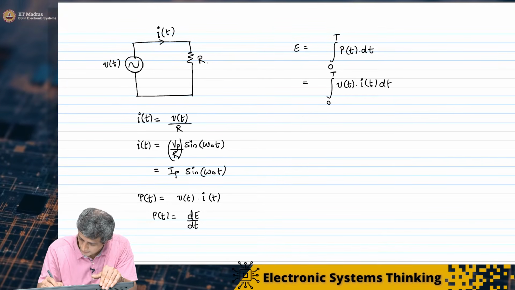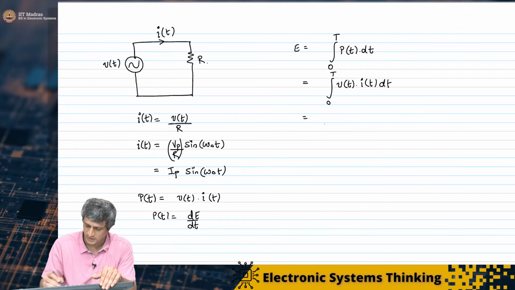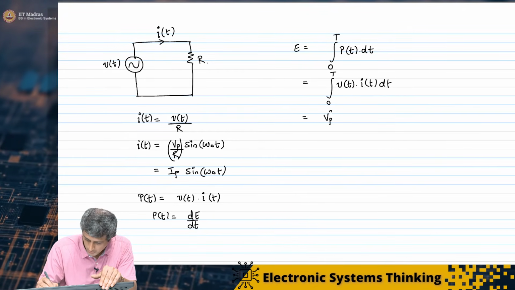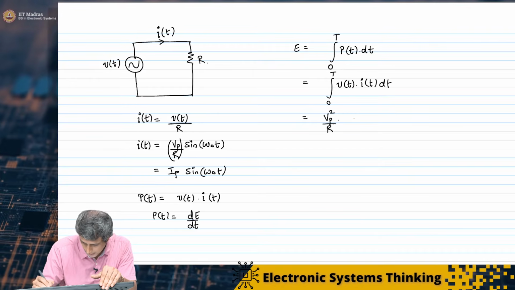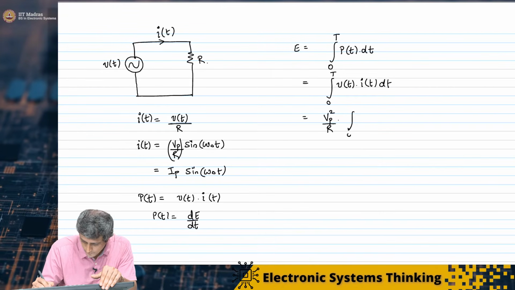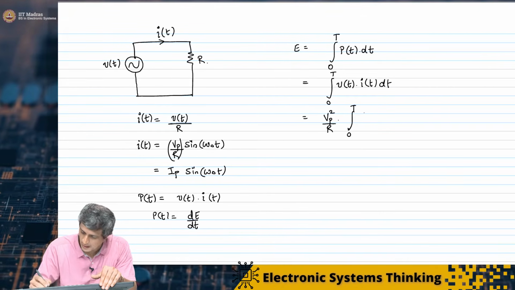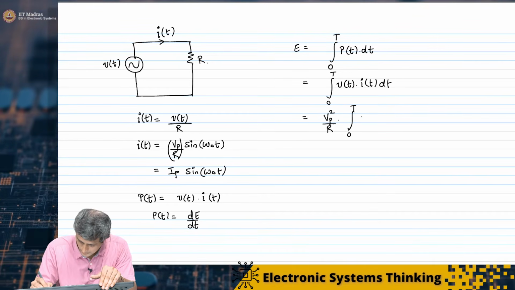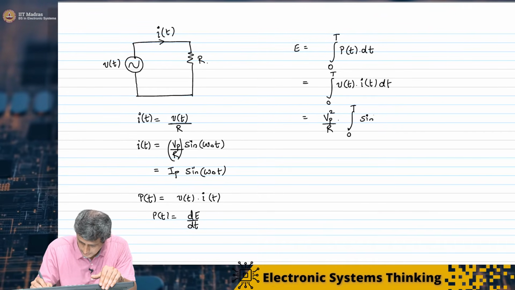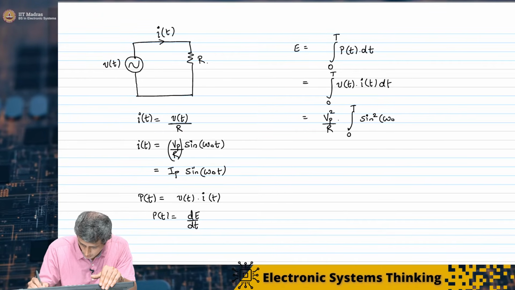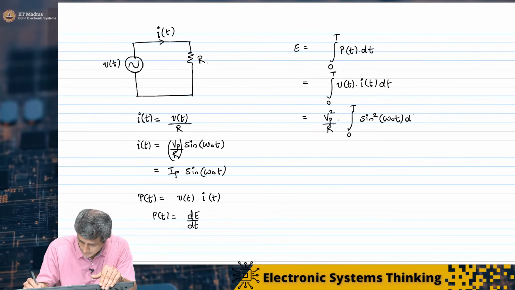dt, right? And then you can simplify this and you will get Vp squared by R into the integral from 0 to T of sine squared omega naught t dt.